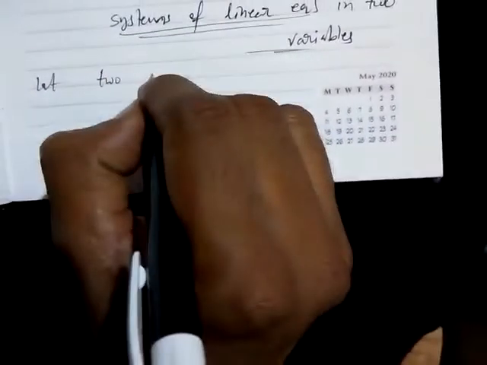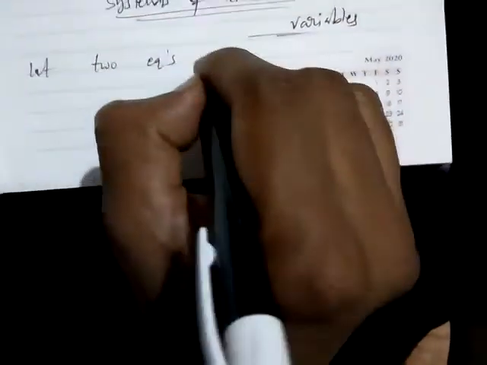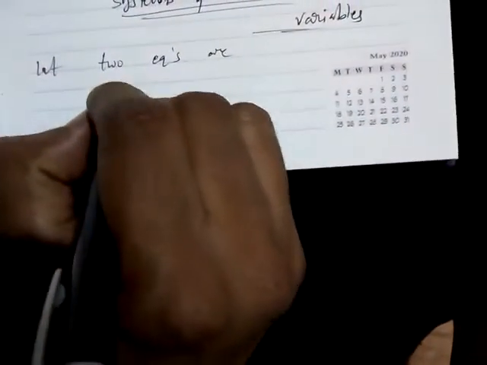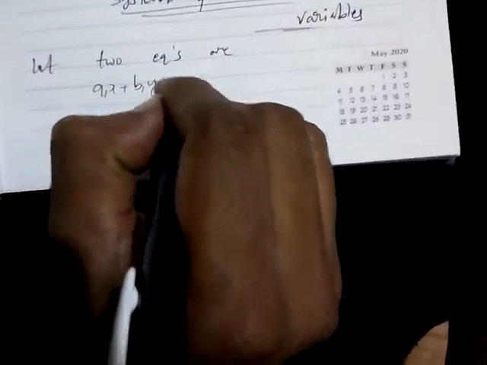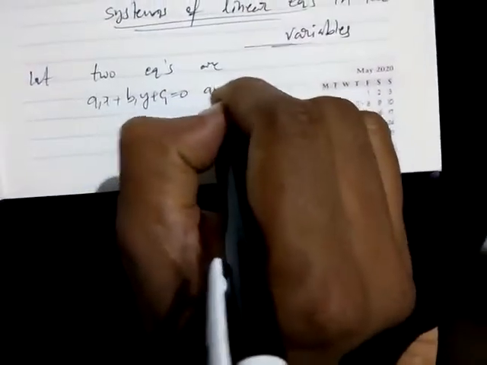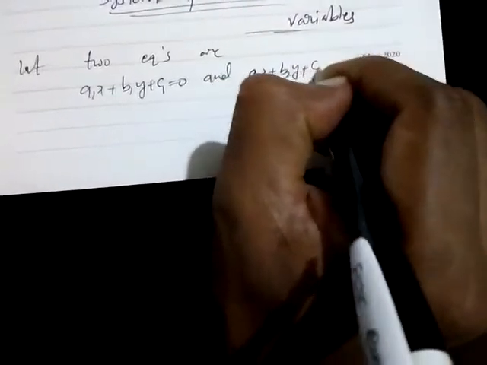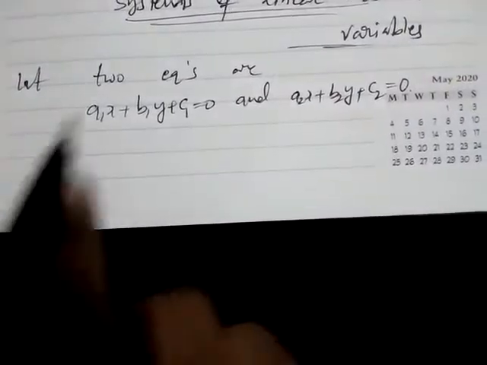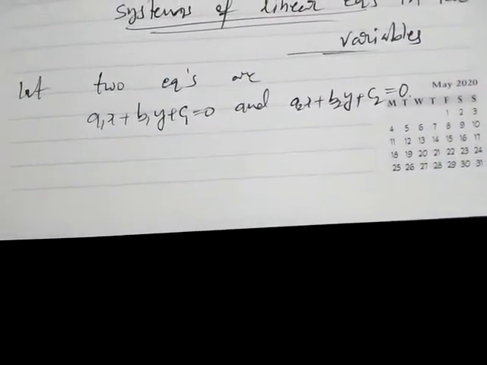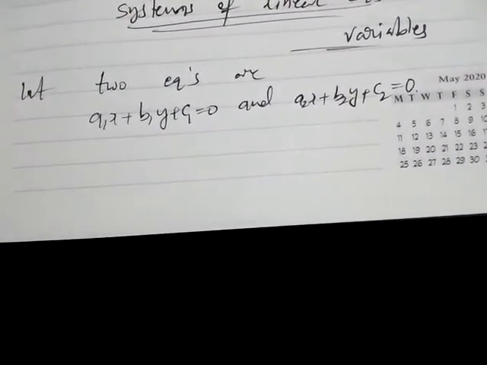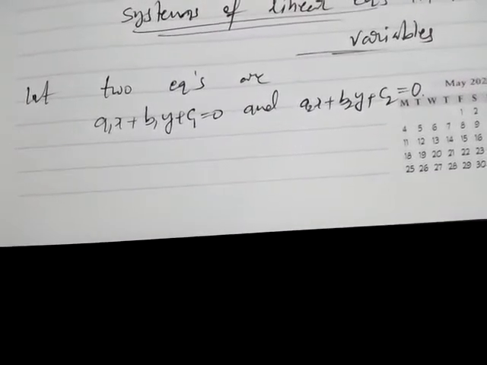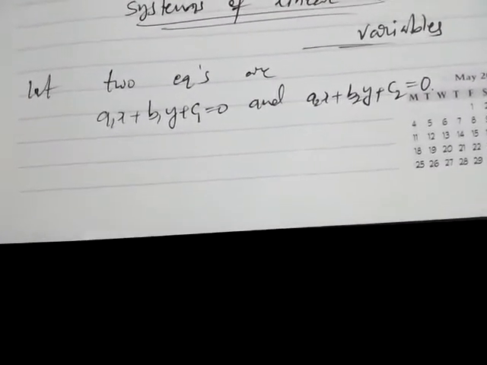Let two linear equations be a1x plus b1y plus c1 equal to 0 and a2x plus b2y plus c2 is equal to 0. Consider these two linear equations in two variables.